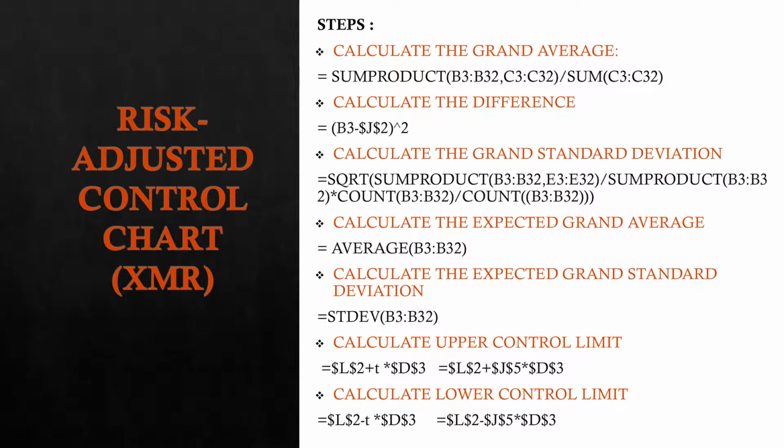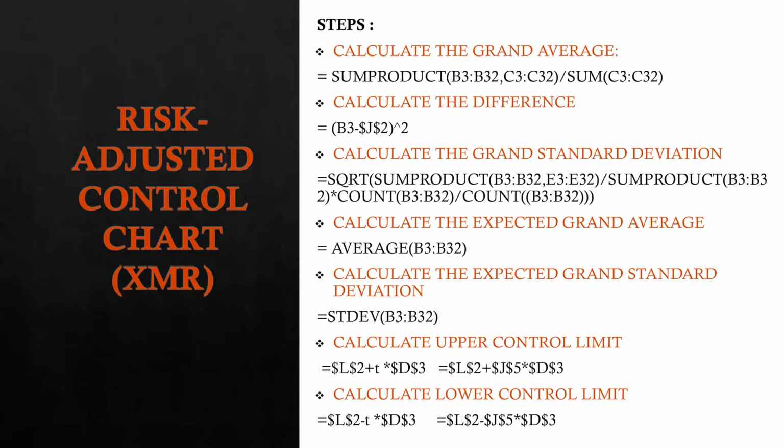So, in order to use risk-adjusted control chart to plot the data, we have to calculate the grand average, the difference which will be used to calculate the grand standard deviation. Next, calculate the expected grand average using the average function. Also, we need to calculate the expected grand standard deviation using the standard deviation function.